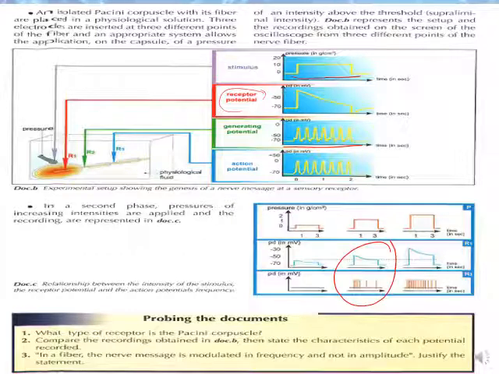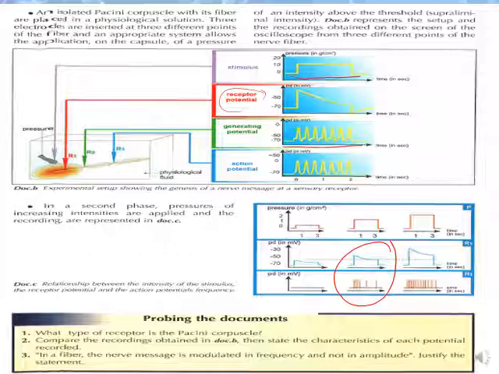This indicates that the pressure 1.5 gram per centimeter square is effective, above the threshold, and causes an increase in the receptor potential above the threshold of depolarization, which leads to the elaboration of action potential in the nerve.